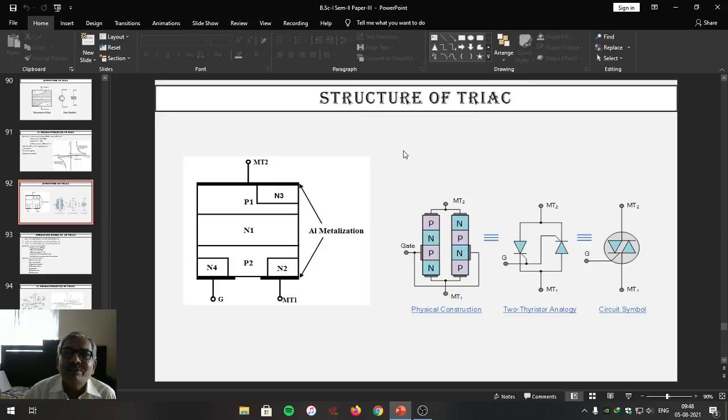Let us begin to study with its construction or structure of TRIAC. To understand the construction or structure of TRIAC, we can say that it consists of three main layers, that is P1, N1, P2, like a PNP transistor.